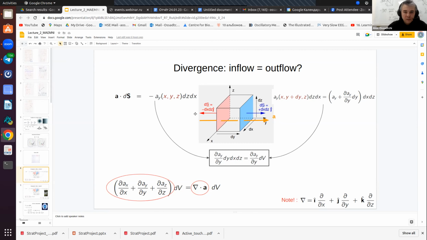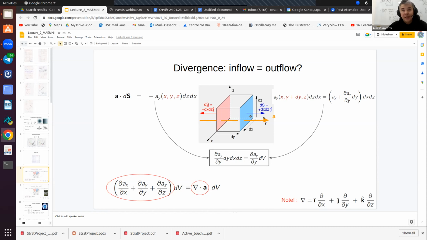So assume that if there are no sources and no sinks inside this little volume, then the amount of water that flows in and the amount of water that flows out, in all different directions of course, is the same.